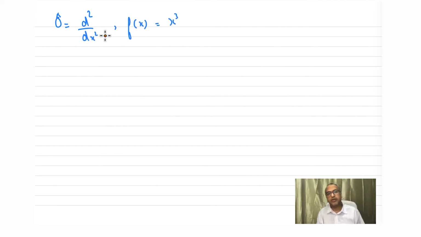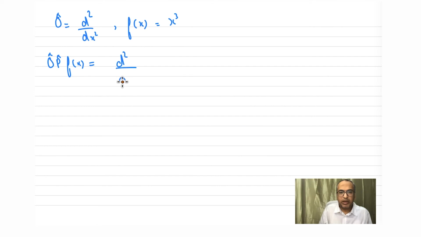You can choose different functions, combinations of different functions and operators to visualize yourself. So now let us calculate again OP of f(x). This will be d square by dx square, parity x cube.